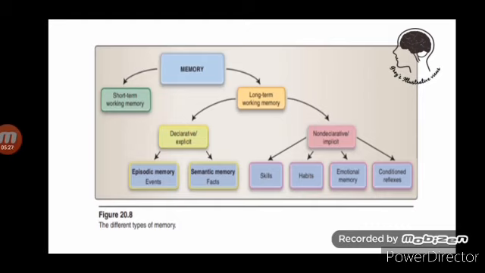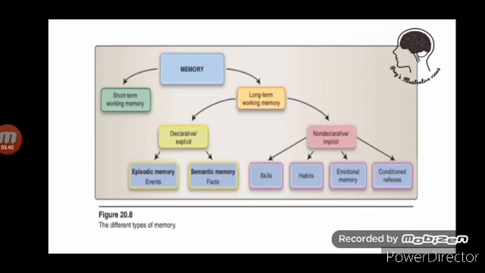Today's topic is declarative memory, which is divided into semantic and episodic memory. Semantic memory is factual information, and it is encoded by the lateral and anterior temporal cortex and the prefrontal cortex.